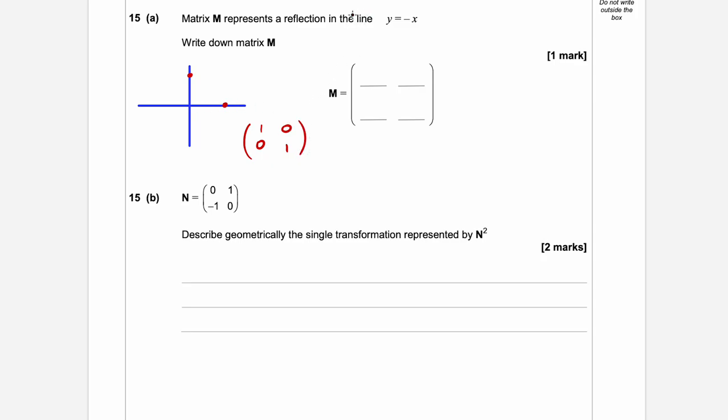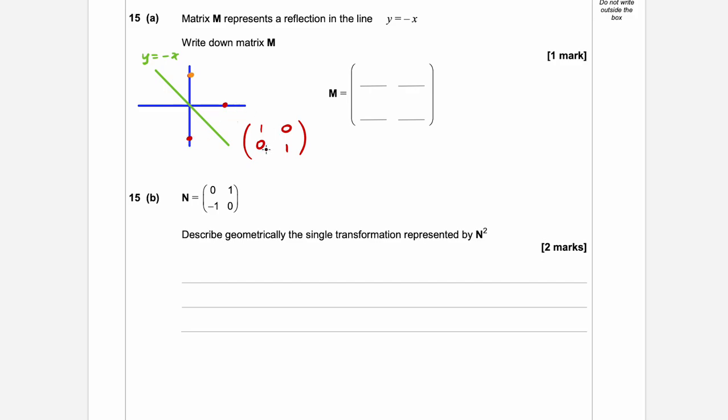Now if we're going to reflect it in the line y equals minus x, which will be this line here, let's say this is the line y equals minus x, this guy goes down here. So let me just change the colors actually, guys. So the red guy goes down to here.